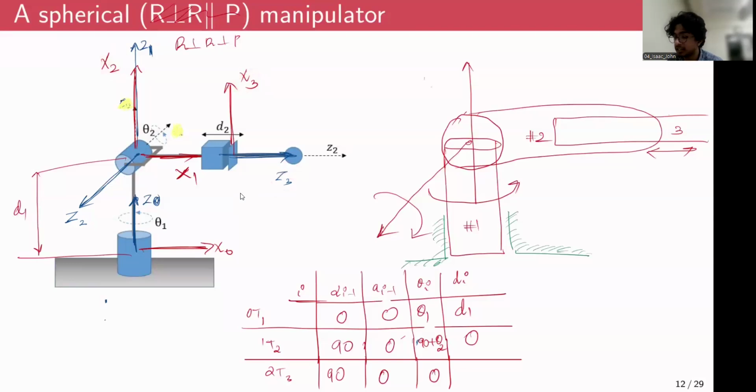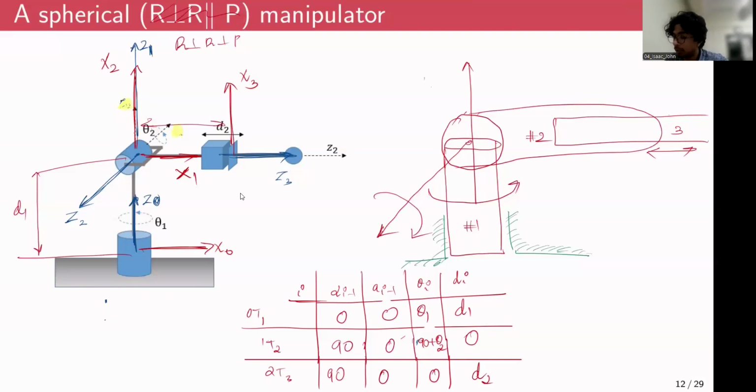If you consider this distance to be d2, corresponding to the amount by which the prismatic joint moves, the perpendicular distance would be characterized by d2.